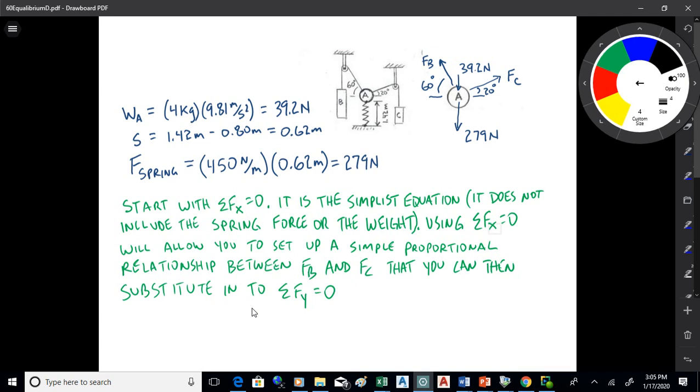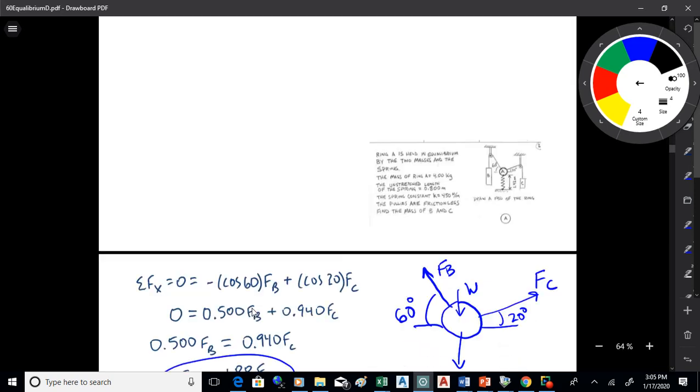So I want to solve with the simplest equation first. And the simplest equation is sum of Fx is 0. The reason for that is that then you don't have to include the weight of the ring and the spring force. So if you just go sum of Fx is 0, you can directly relate FB to FC. Okay? So that was the reason for starting with that.